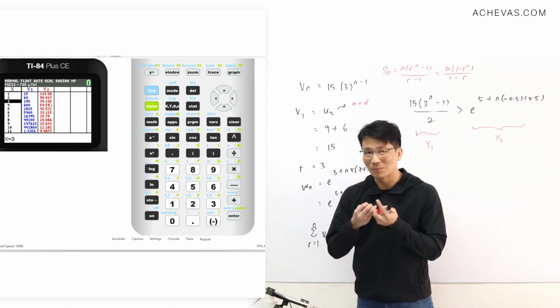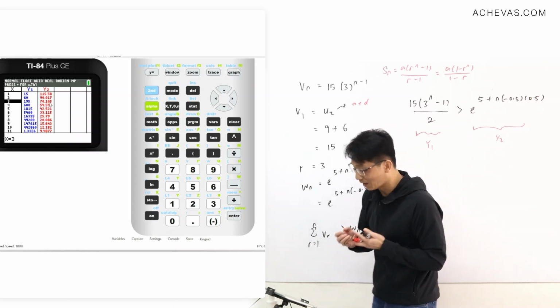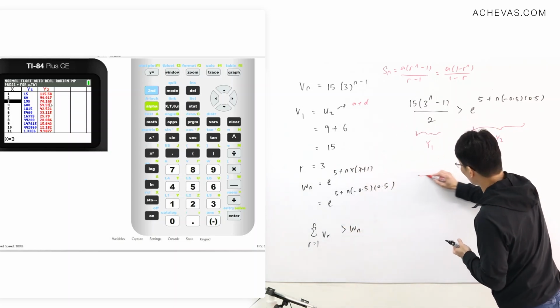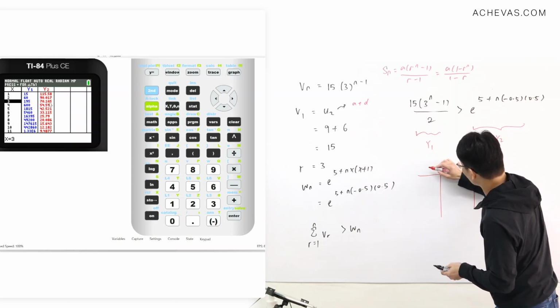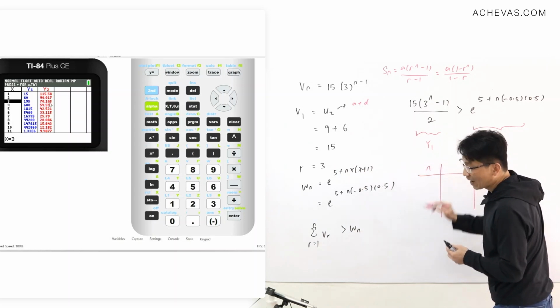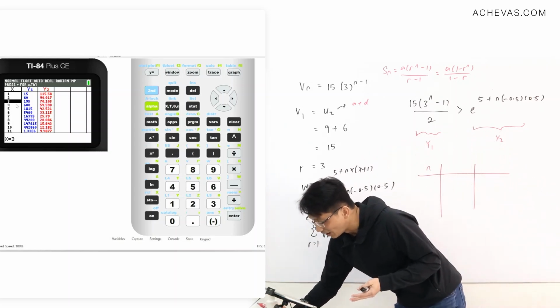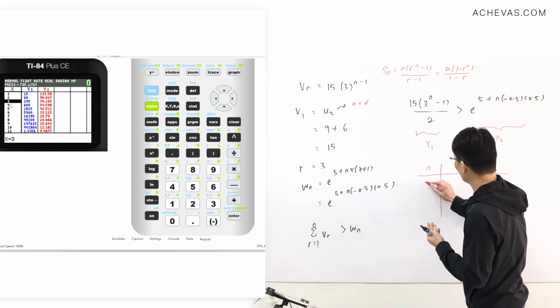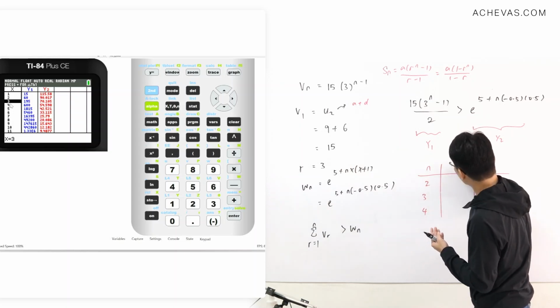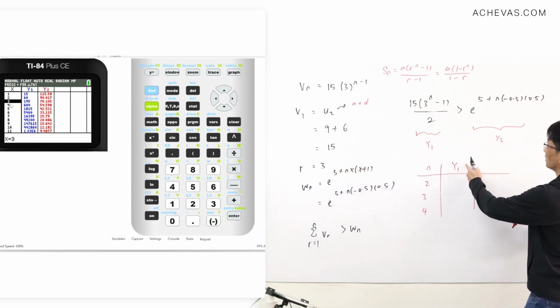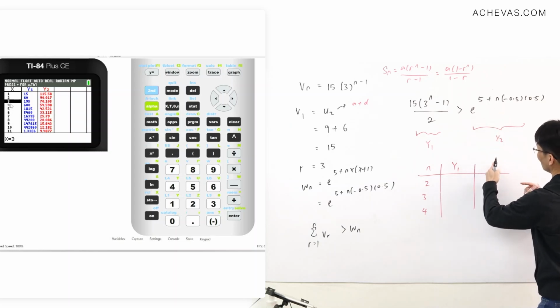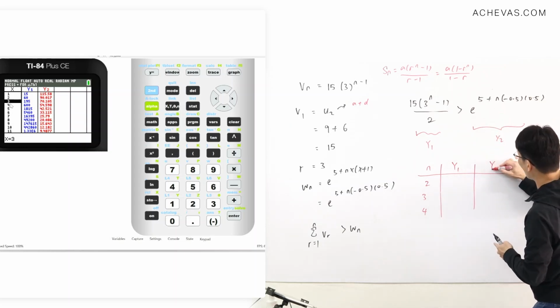But when we are doing our presentation in our exam, we have to draw out the table to illustrate this. I will have this, this is our n. I have to write down three rows: the one before it, the one that I want, and the one after it. It will be 2, 3, 4. This will be my expression here, and this entire expression you have to write down. Same thing here, you have to write down the entire expression y2.